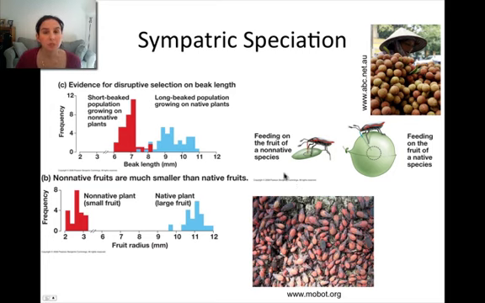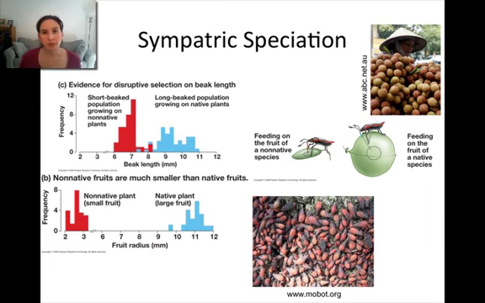These trees had smaller fruits. And so within this variable native population of beetles already existing in Florida, those with shorter beaks can feed more effectively on the smaller fruits of this introduced soapberry tree.